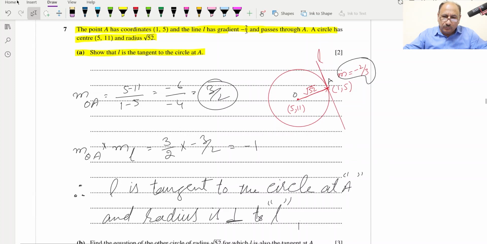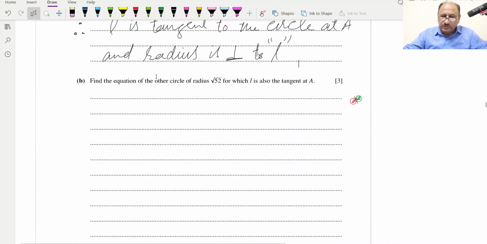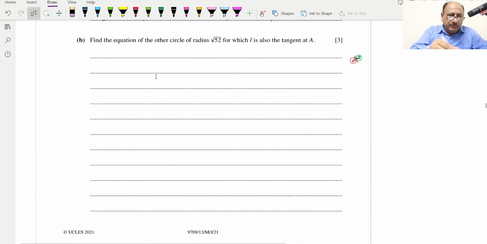Then we can move to the next part, which is B part, and B part says find the equation of the circle of radius square root of 52 for which L is also a tangent at A.